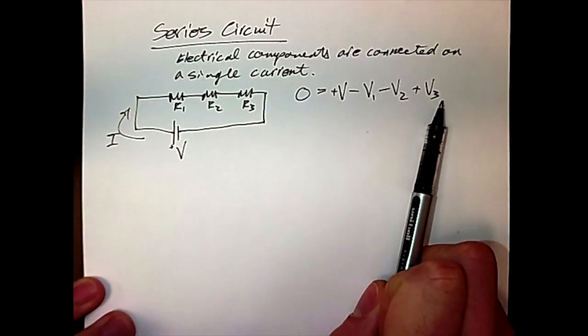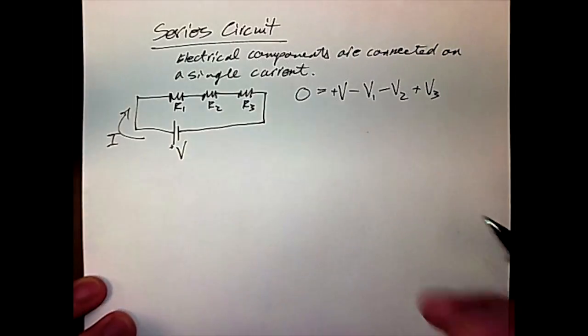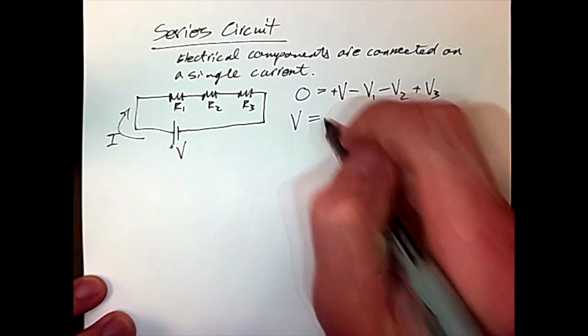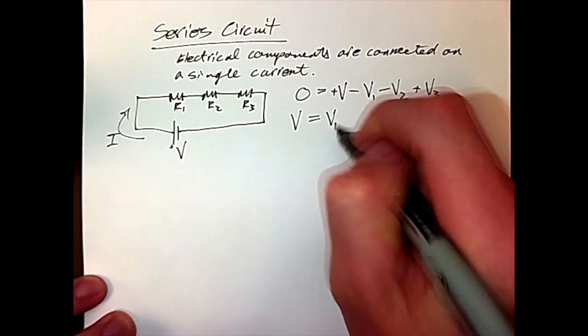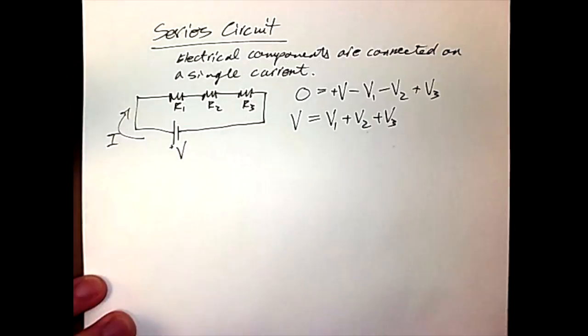Now, in this particular case, it is divided equally only if R1, R2, and R3 are equal, but nevertheless, this statement allows us to say that the total voltage is a function of each individual potential difference across each electrical component added together.